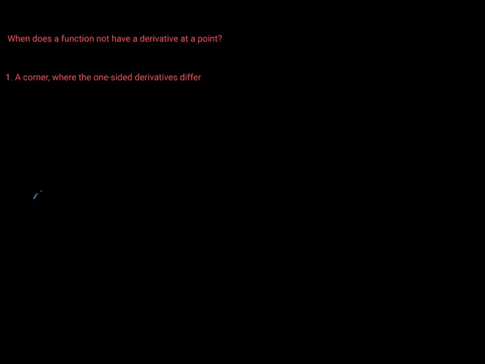So if you have a corner, something like this, I'm just making this up, and this is your point P right here, and you're considering the secant lines, let's say this is point Q here.